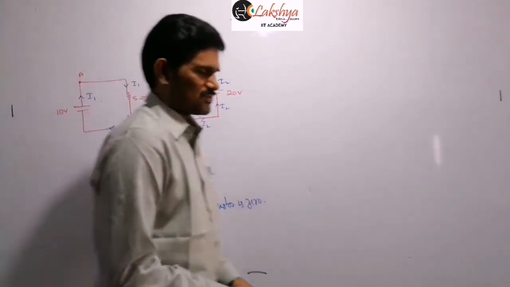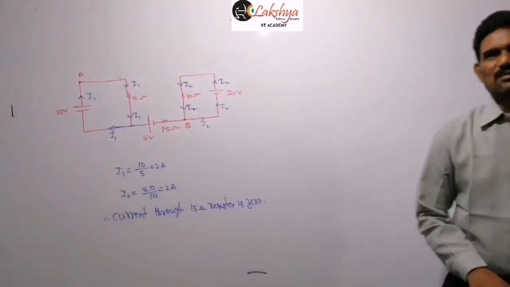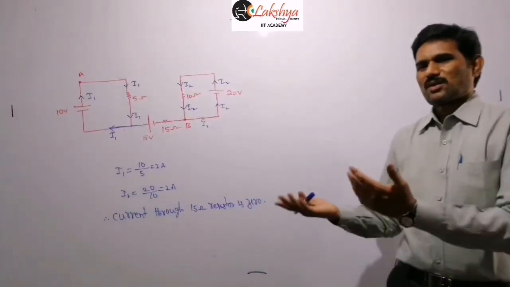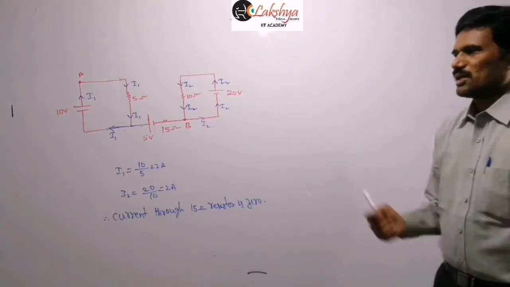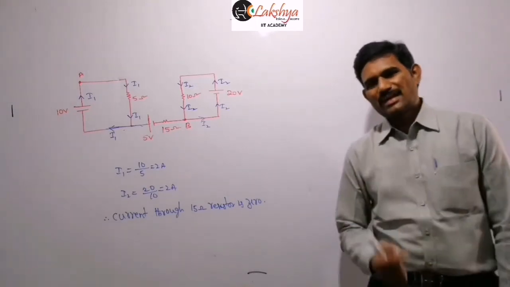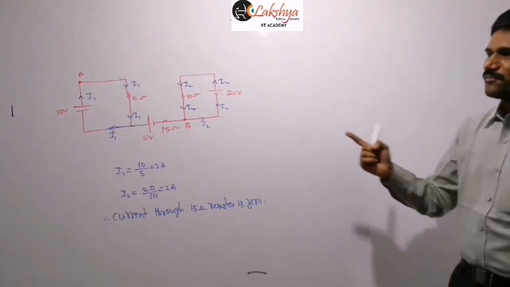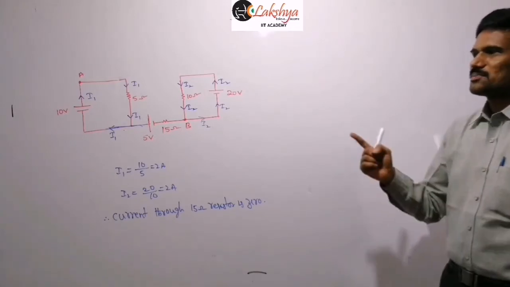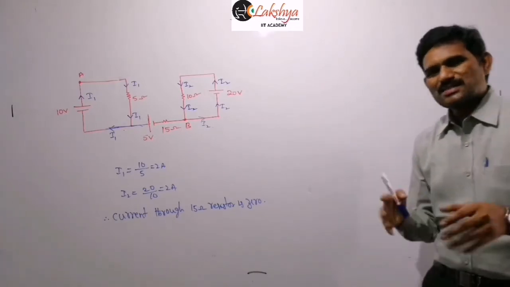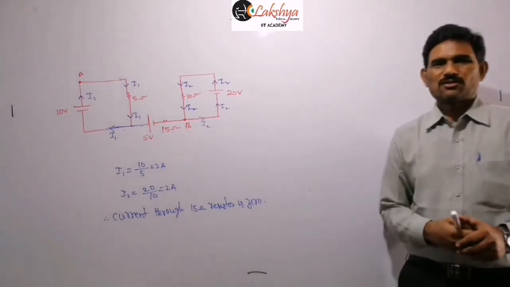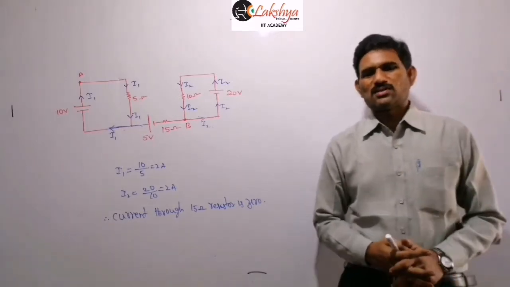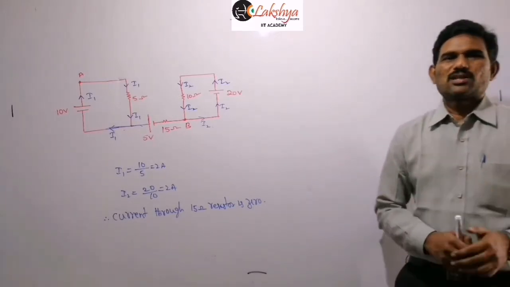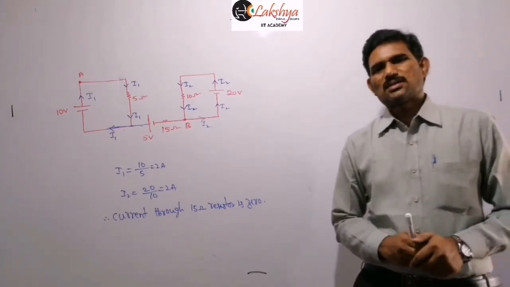So it's a previous advanced question. The numericals may be different, but that model is there. So now that is the current flowing through the 15 ohm. And next, the potential difference we need to calculate is the potential difference between the points A and B. As I said, with the help of Kirchhoff law, you can calculate the potential difference between any two points in the circuit.